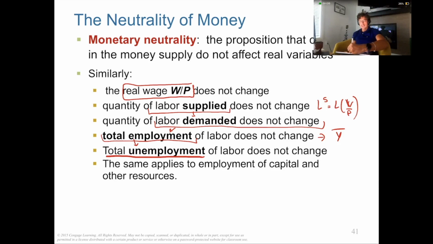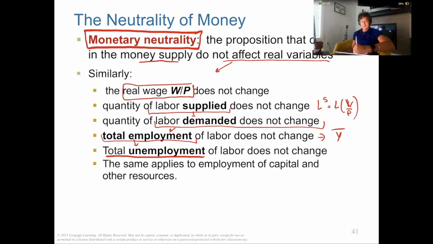So nominal factors like money supply or money demand in the long run do not affect the real variables because they do not affect relative prices. If you double E over double P, there is no effect on the relative prices, and therefore it does not affect any real decision in the economy.